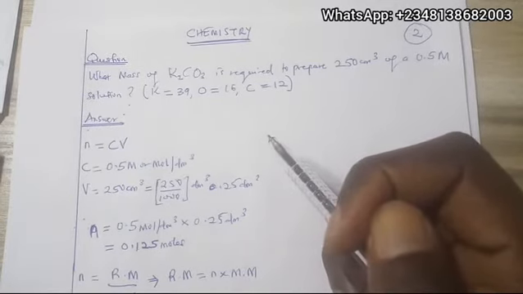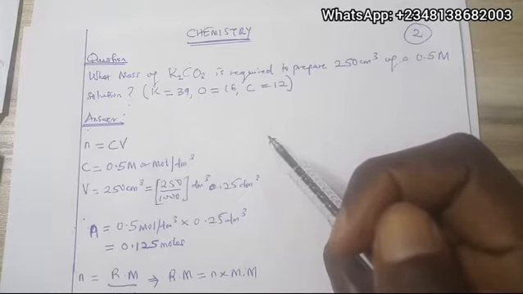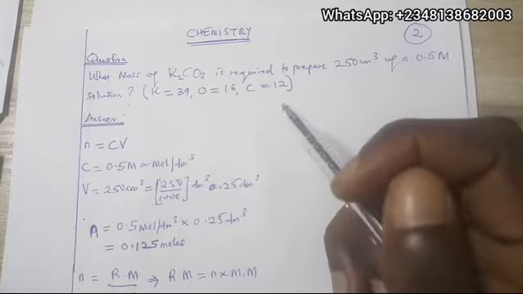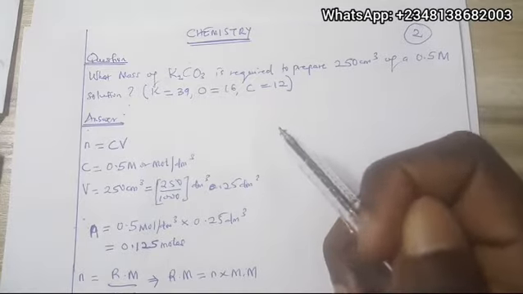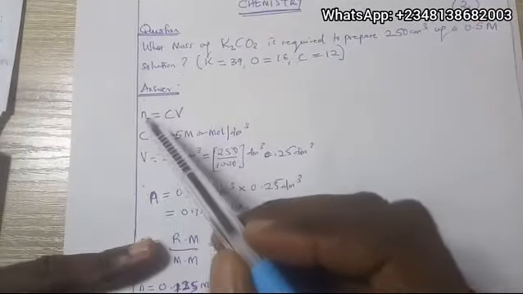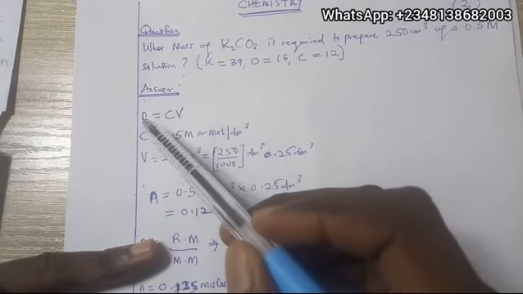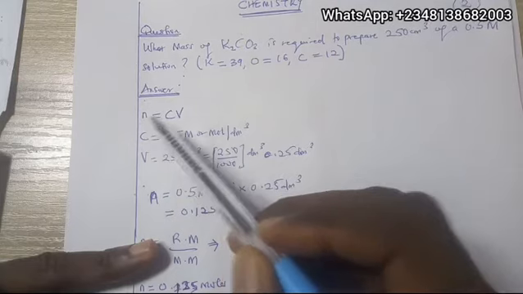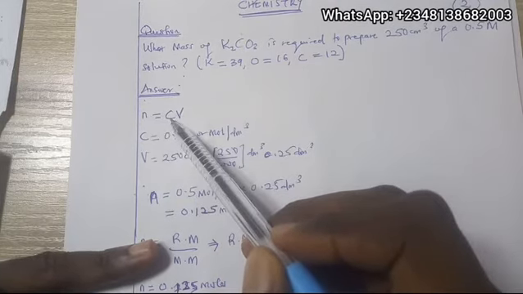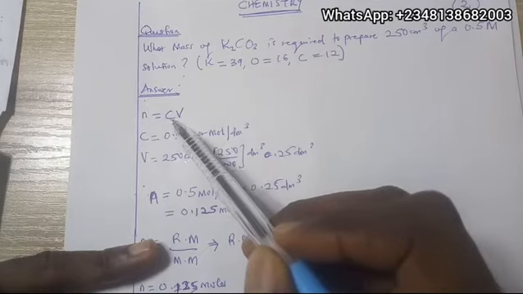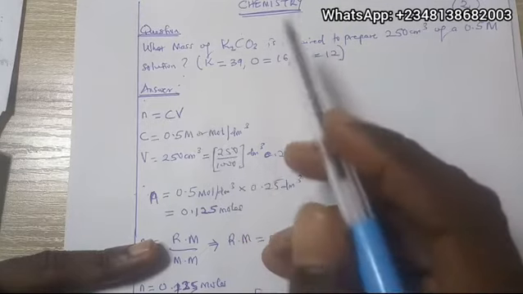And to achieve that, there is a relationship between number of moles and the concentration in mole per dm³ and volume in dm³. This relationship is n = CV, where n is the number of moles, C is the concentration in mole per dm³ or molar concentration or molarity, then V is the volume in dm³.